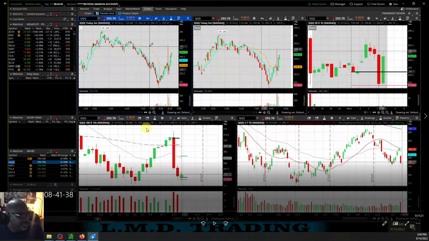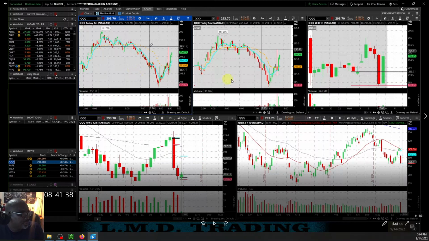So I looked at the SPY. Now I'm looking at the Qs. Pretty much looks the same way though. We see this is pre-market. It sold off, came down, and then it came up and it didn't set a lower low. It set a higher low. And it came up, set a higher high off of this one and a higher low.